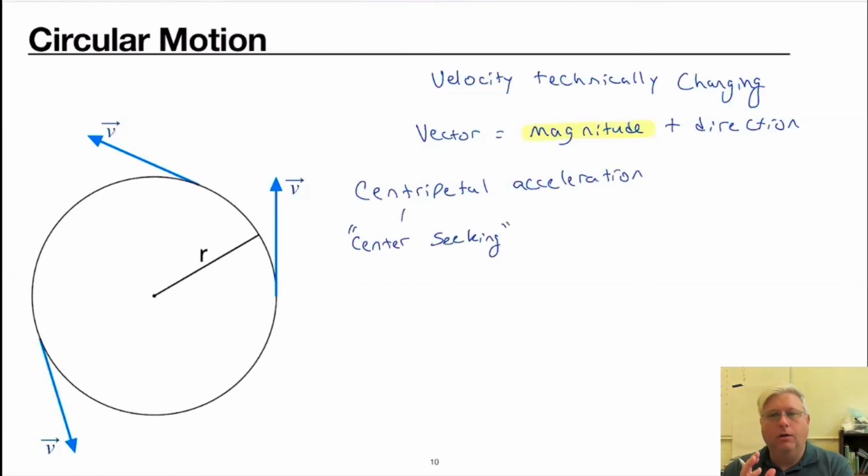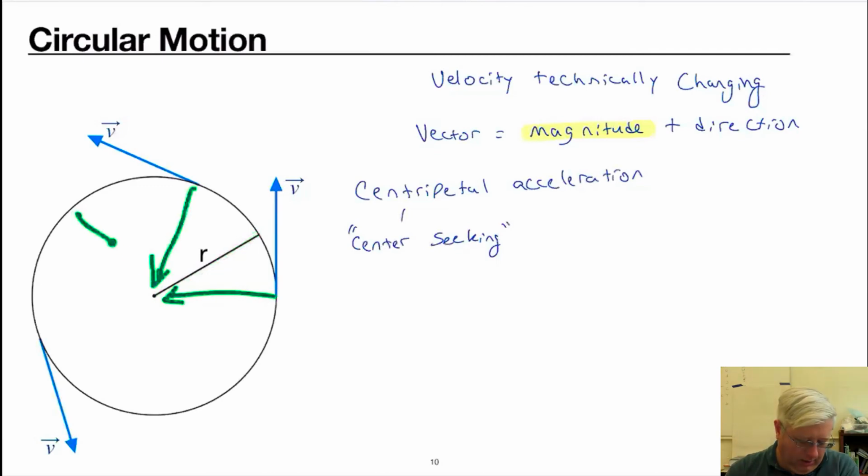And so there's an acceleration that's always pointing toward the center of the circle. Everywhere it is pointing toward the center. So even though we're moving at a constant speed, our direction is constantly changing, so we are technically accelerating.